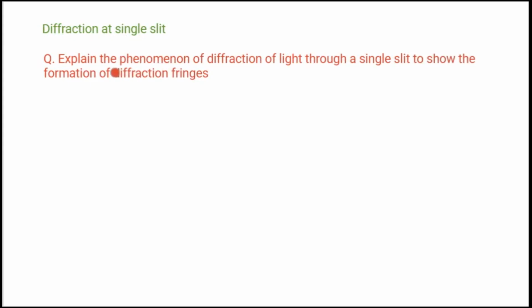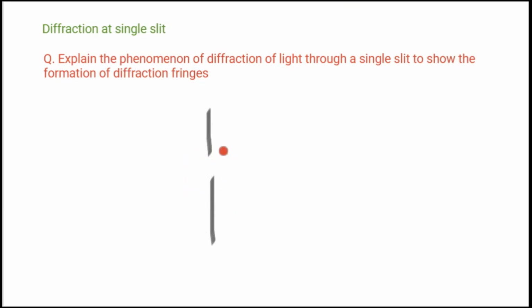Now in this topic, we will describe the phenomenon of diffraction of light through a single slit. So what we will do is we will introduce a small aperture. Fine. This is your single slit.